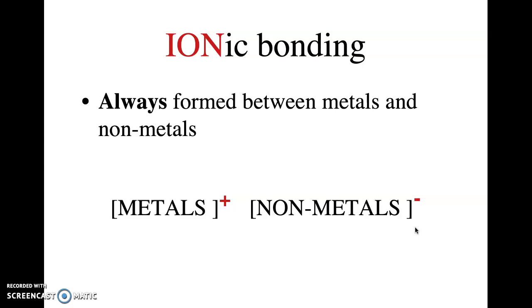Remember that ionic bonds are always formed between metals and nonmetals. We learned two terms previously back in this course, all the way from August up until now, and we've used them interchangeably.